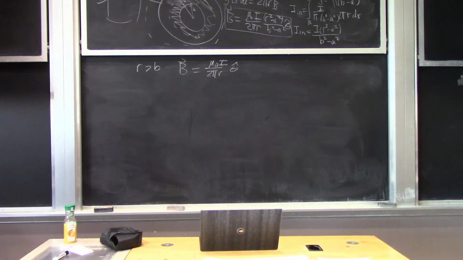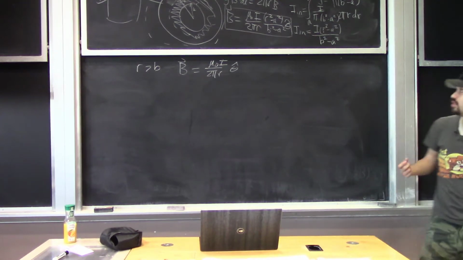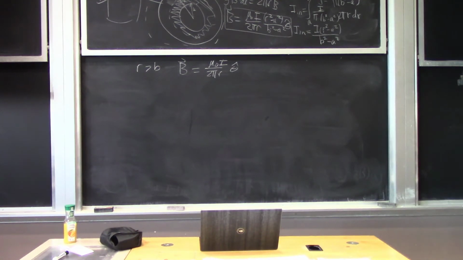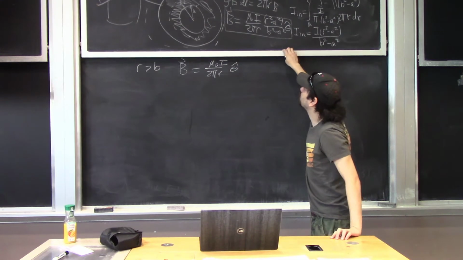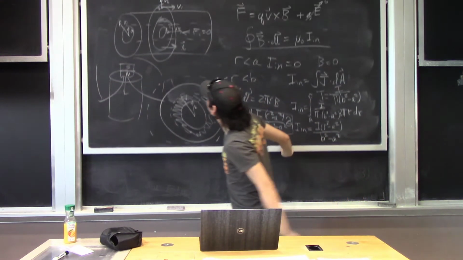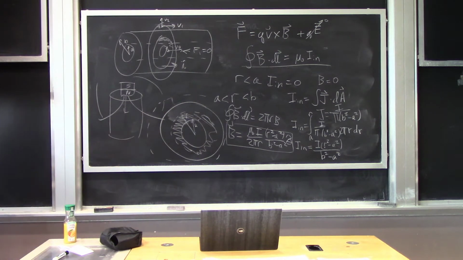Okay. Now I've been a little bit cavalier with this theta hat and the way that I've been using it, but we'll see what this theta hat really means when we're talking about this force here. So when I want to find what the force is on this particle here, I need to know the direction of the magnetic field at the particle.